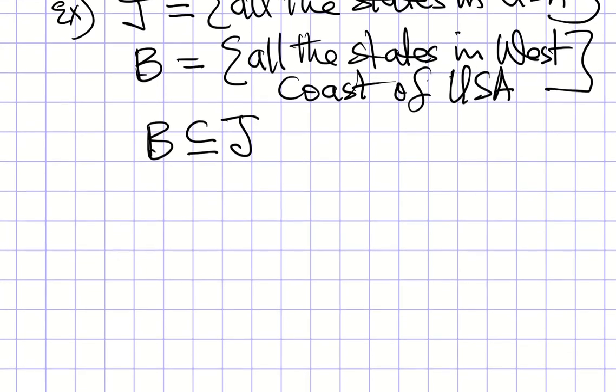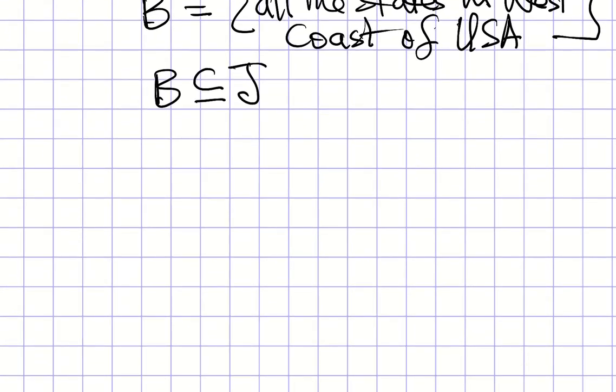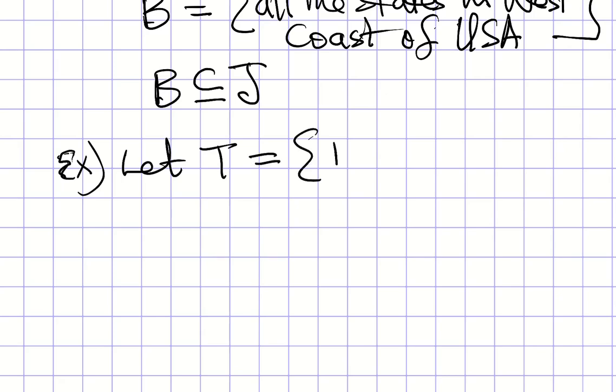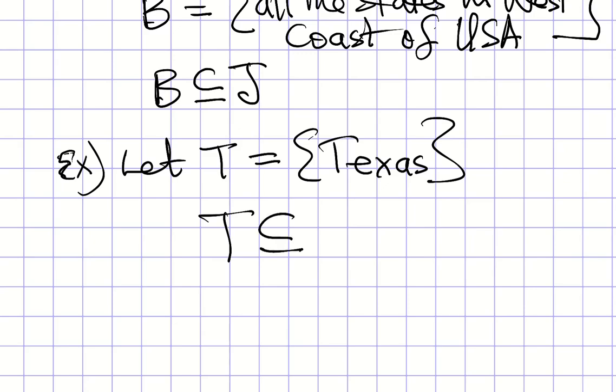Let me give you another example. Let a set T be equal to a set that just contains a state called Texas. Again, notice that T is a subset of J. You see that, right?